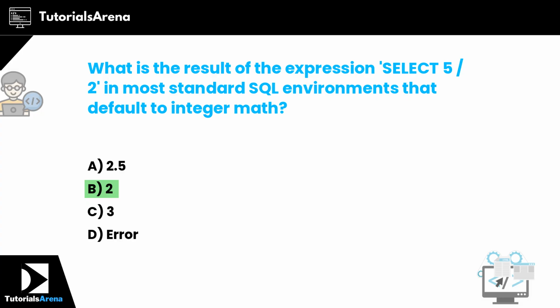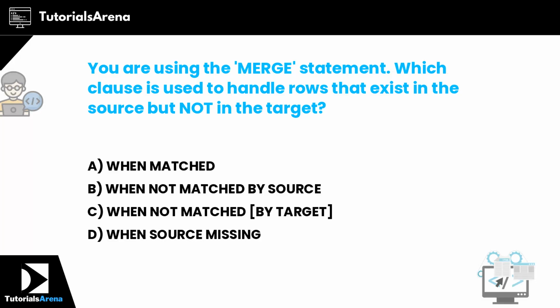Answer is B, 2. You are using the merge statement. Which clause is used to handle rows that exist in the source but not in the target? Answer is C, when not matched by target.